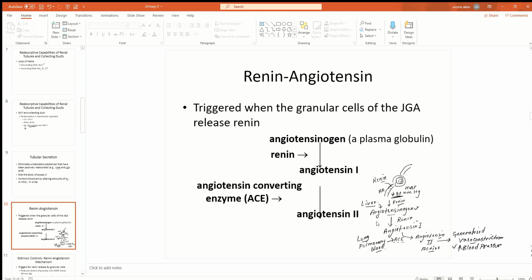But angiotensin 2 also increases the blood pressure in few other ways. Okay, so the action of this is increasing the blood pressure, and this is the main way. But there are few other ways it works to increase the blood pressure.